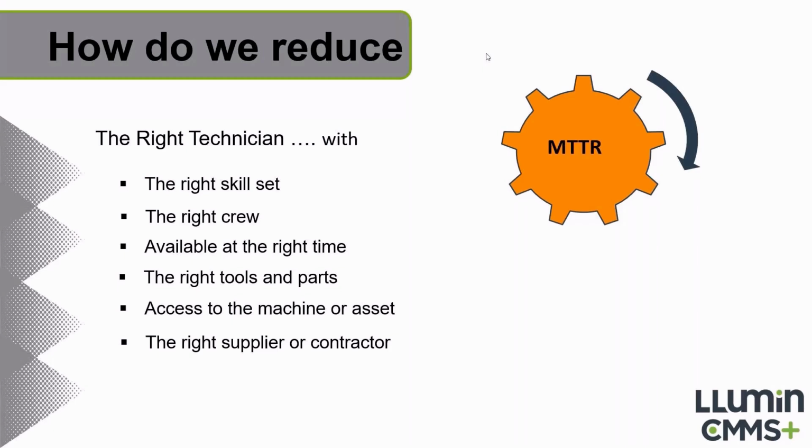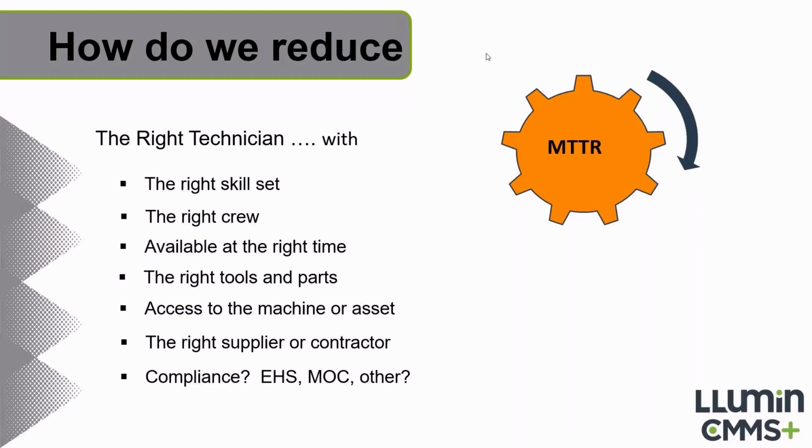And finally, if there's a compliance situation, is there a management of change that needs to be looked at, or are the folks that need to be involved with any type of compliance documentation or regulations at all, are they available, and are they going to allow access for the work to begin, and when the work completes, is there anything that needs to be done in order to make sure that asset can now be put back in a running state.